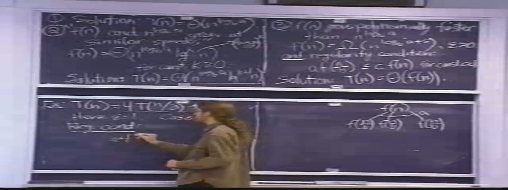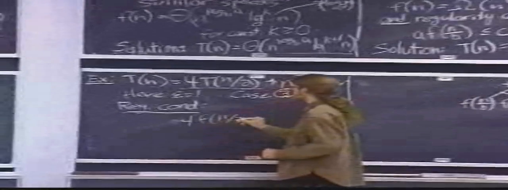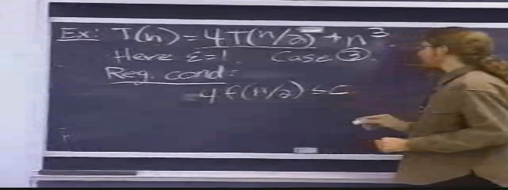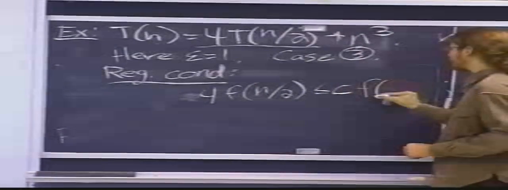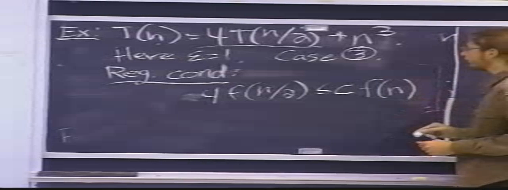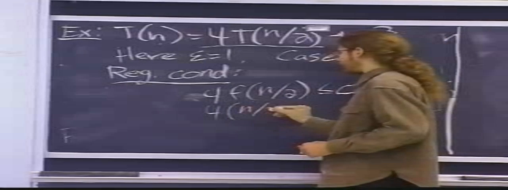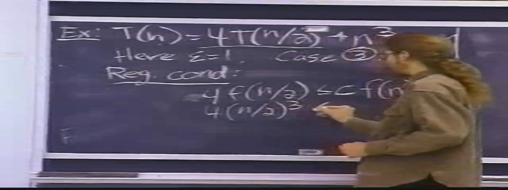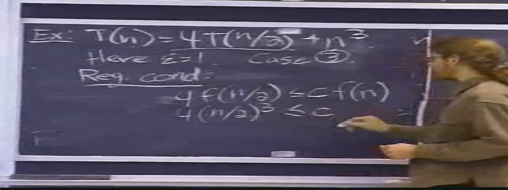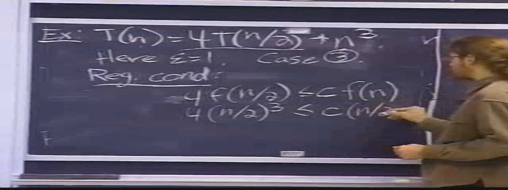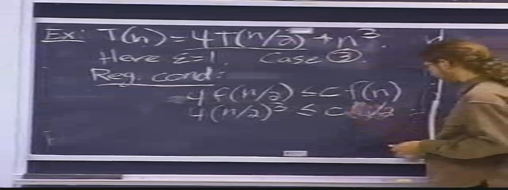So we have 4 times f of n over 2. That should be at most c times f of n. Okay, and we know what f is. f is n cubed. So 4 times n over 2 cubed should be at most c times n cubed.